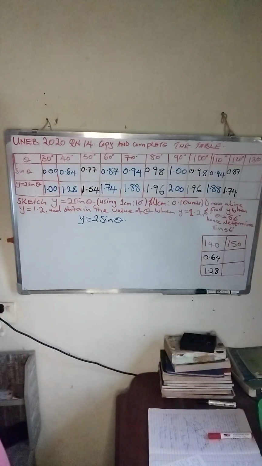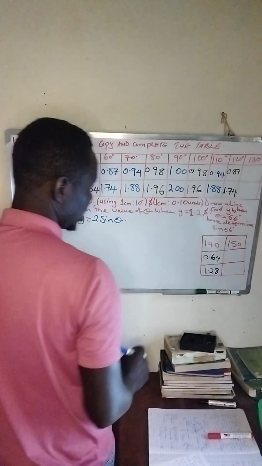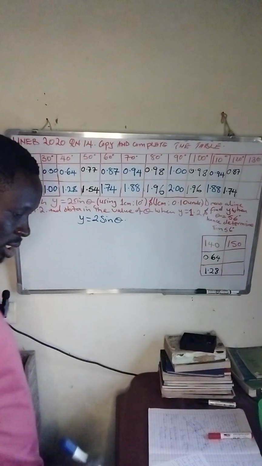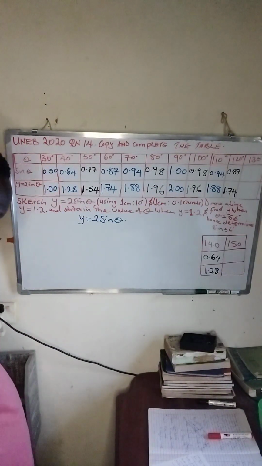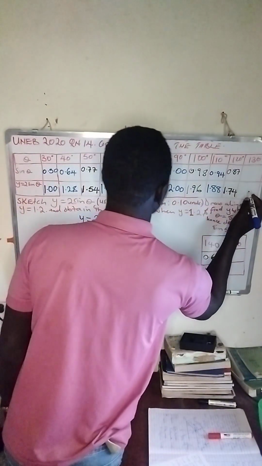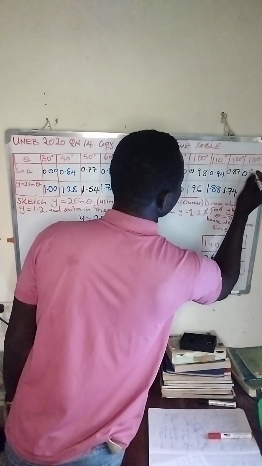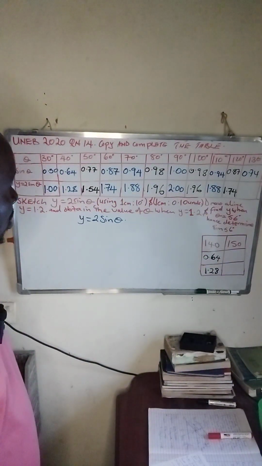Sine of 130, you place on the calculator. Then this one becomes 0.7 what? 0.74.